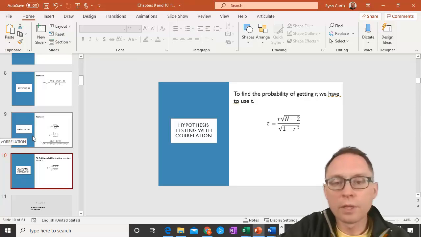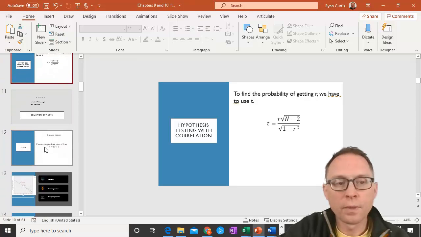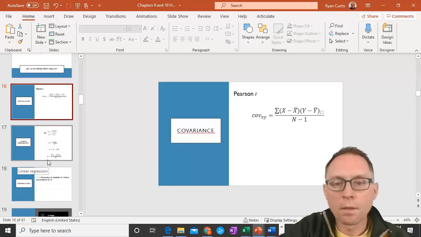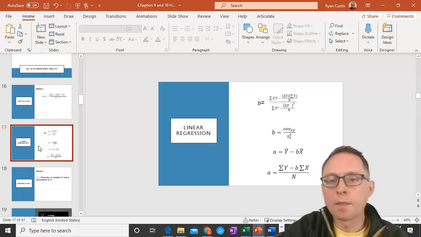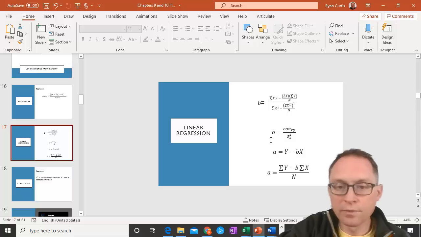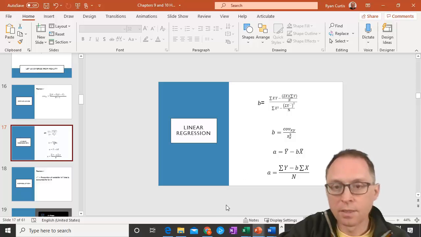When I am looking for a linear regression, I need to calculate B, right? B is the covariance of xy divided by the variance of x. Okay, so what is the variance of x? So we know that our covariance is 1.